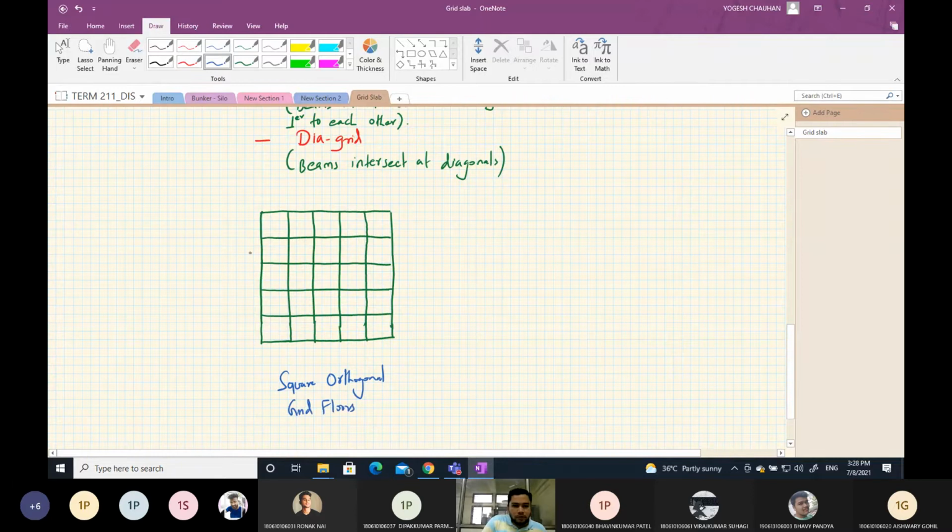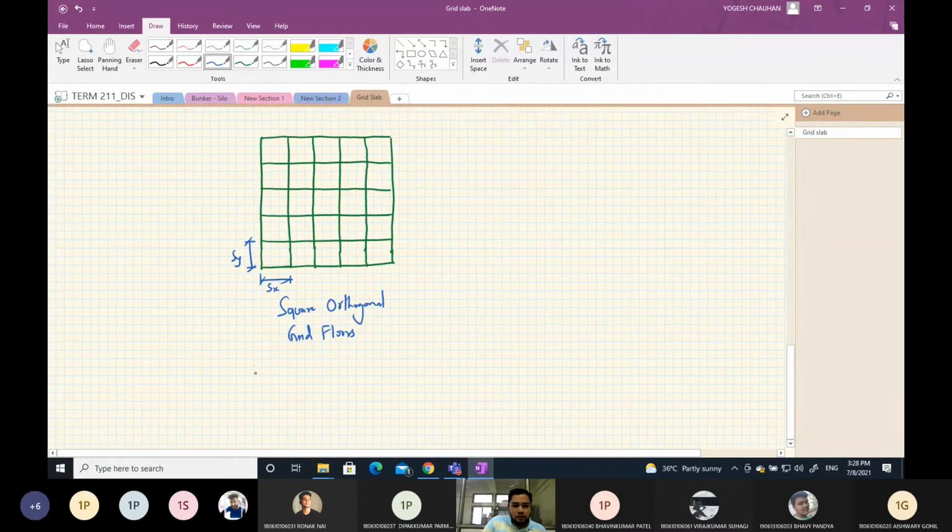In this case, the spacing in both the directions, let us say this is Sx and this is Sy, are the same. So beams along x direction and beams along y direction are perpendicular to each other.